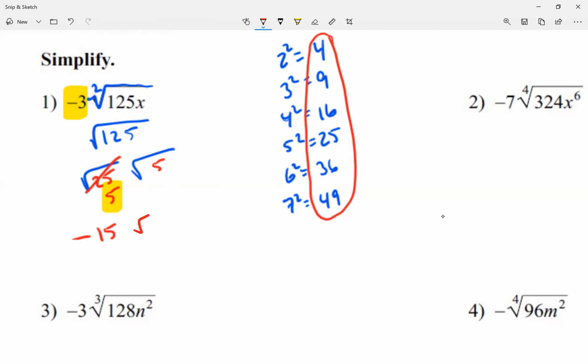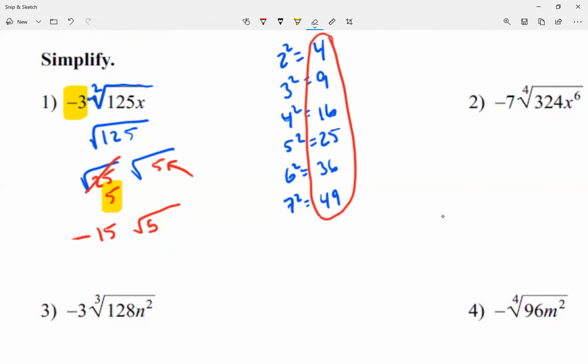And then inside my radical, I still have a 5. Then I think, can I do better? Can I break the square root of 5 into 2 numbers that multiplied equal 5, but one of them is from my list at the right? I cannot. So I'm done.